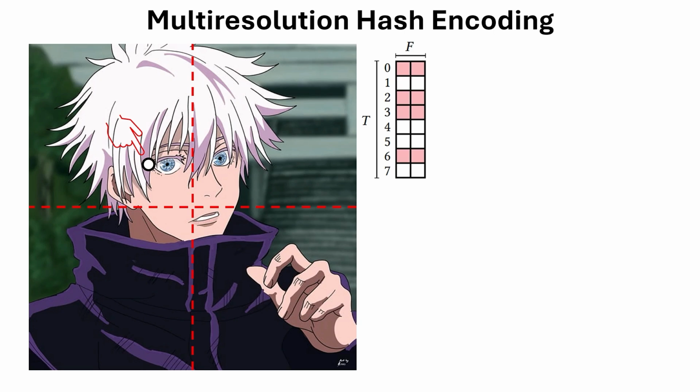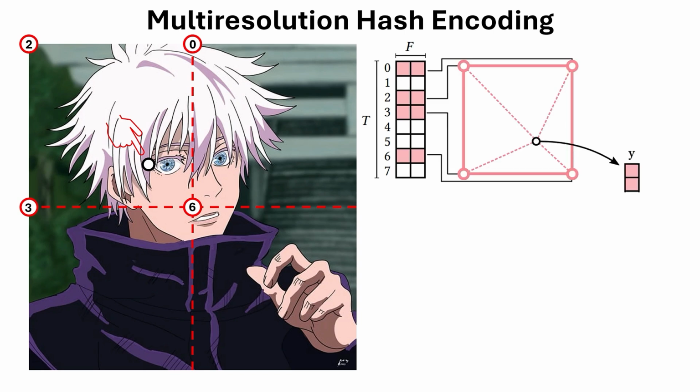To do that, we first look at the corners of the grid where the pixel falls into, then pass these corners to a hash function, and that gives us some indices of the hash table. We grab the corresponding values, then linearly interpolate the features to get the feature vector y. But this is for the base resolution that is 2x2 in our case.